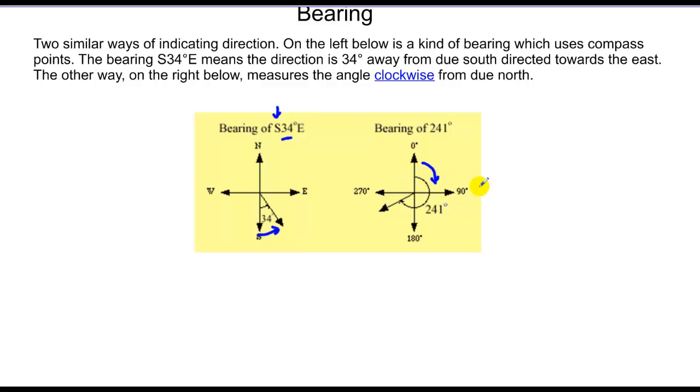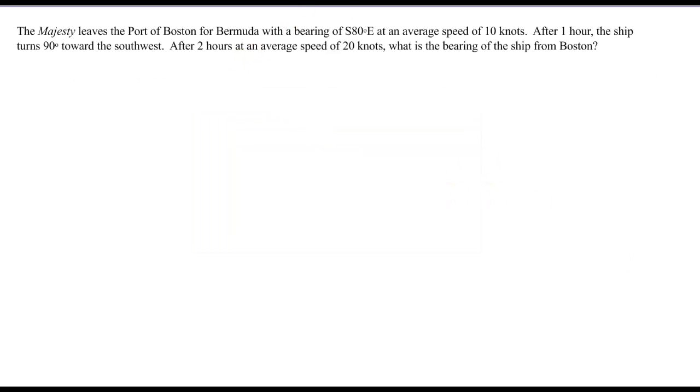So let's do a problem involving bearing. A boat leaves from the port of Boston, and it has a bearing from Boston of south 80 degrees east. So here's my 80, and this is 10, and it's going to travel at 10 miles an hour, 10 knots for an hour.